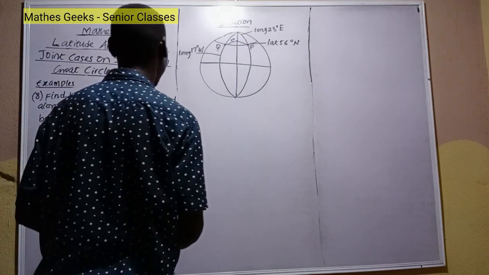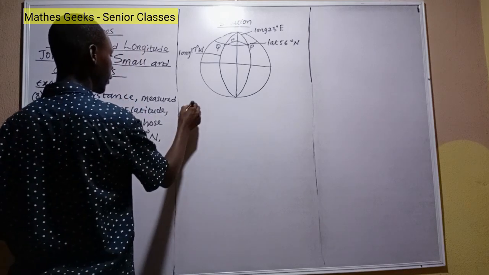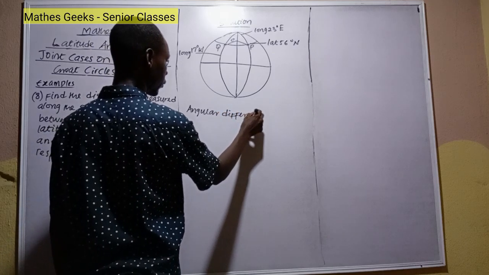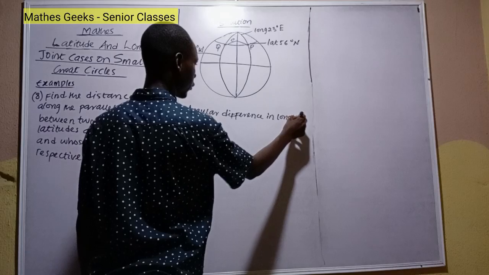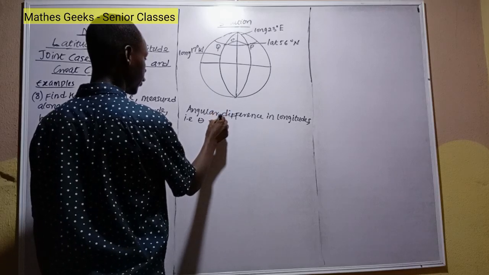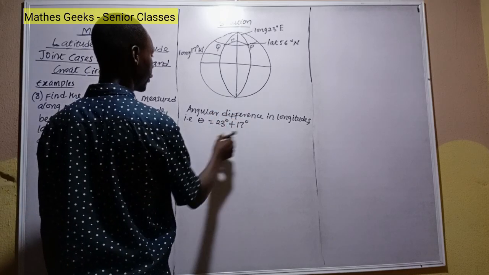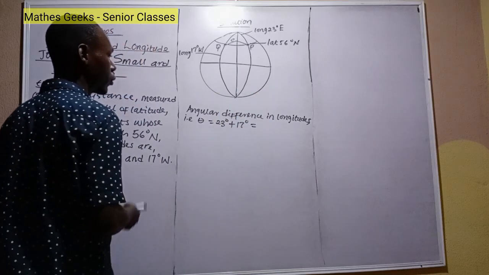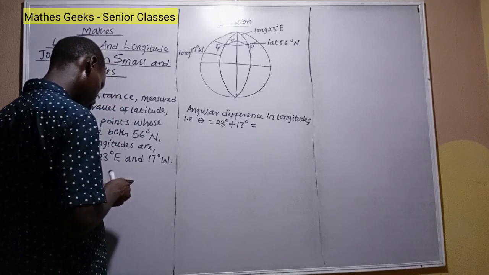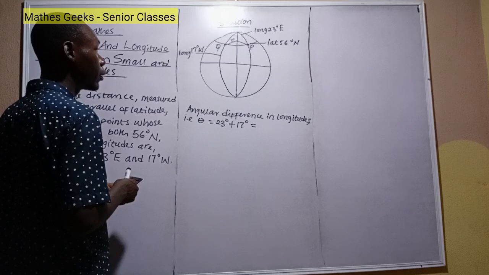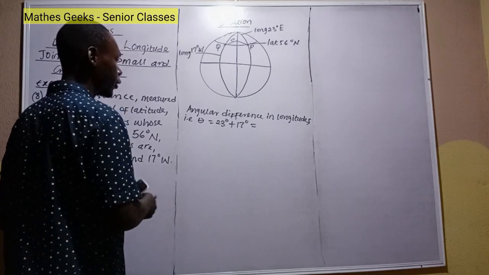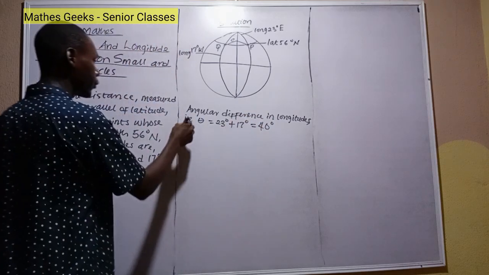The question says we should find the distance between P and Q. So the angular difference in longitude, theta, will give us 23 degrees plus 17 degrees, since both of them are on different parts of the globe. 23 plus 17 is 40 degrees.